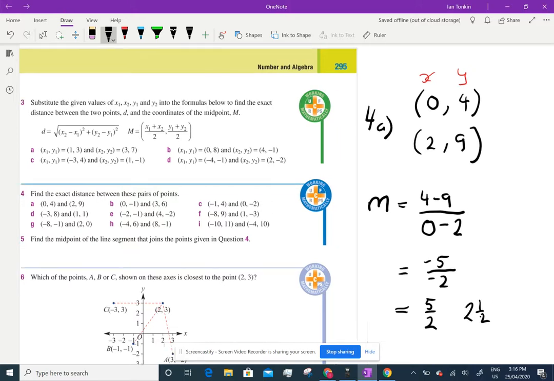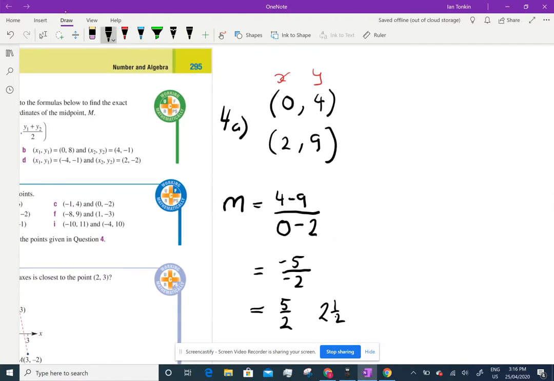Okay. The second part, the distance. And again, I've already done the subtraction. That's why doing these three together is so much easier. I'm going to do the x ones first. I get 0 minus 2 squared plus 4 minus 9 squared.